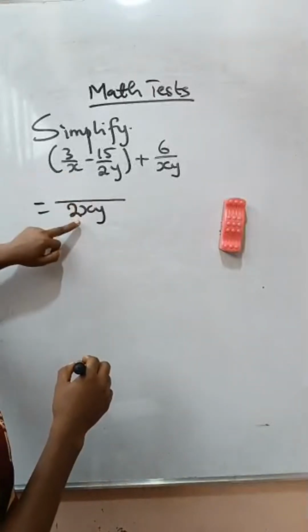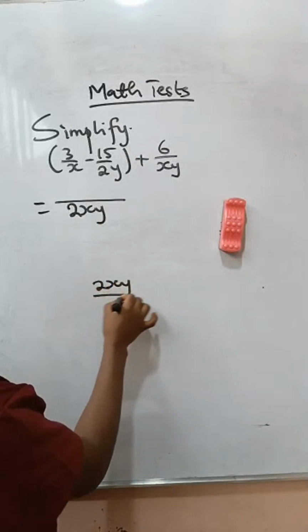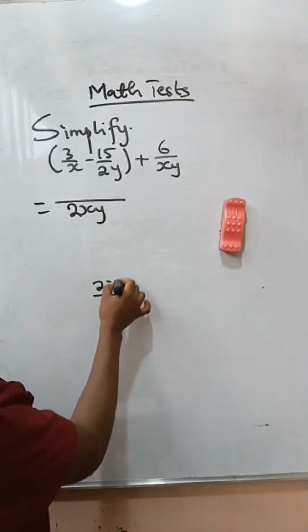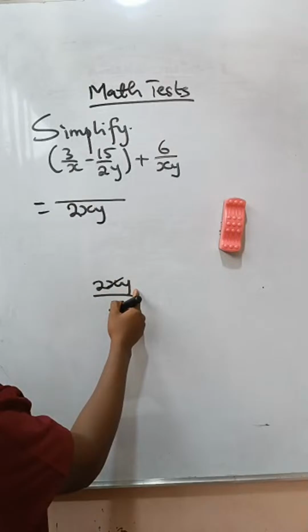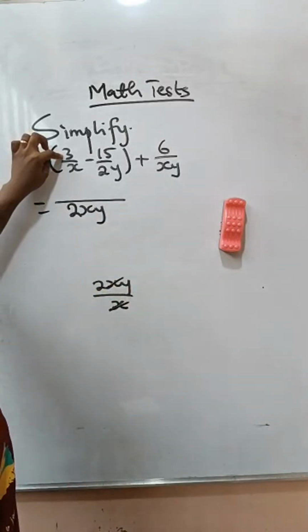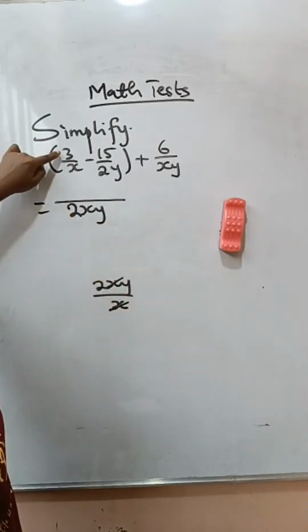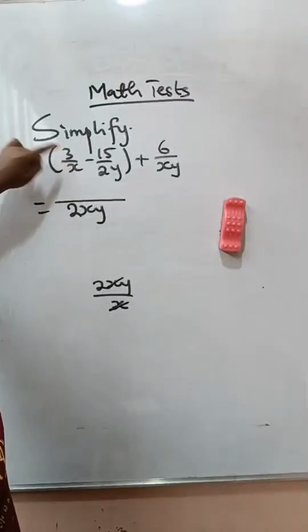Now, when x divides 2xy, x is removed and we have 2y. So the 2y that is remaining, we are going to use it to multiply the numerator. So 2y multiply 3, we are going to have 6y.